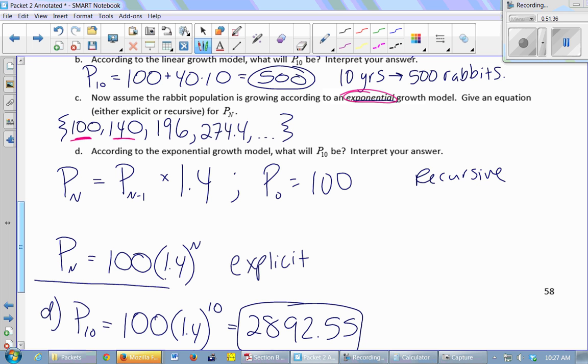So I had to ask myself, what do I multiply 100 by to make 140? You can figure that out by going backwards. Do 140 divided by 100. So you take the ratio of these two terms and divide them. 140 divided by 100 is 1.4, which means that 100 times 1.4 gives you 140. Does that make sense? Yeah. Okay, good.